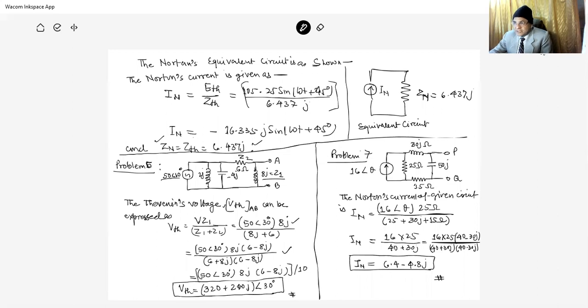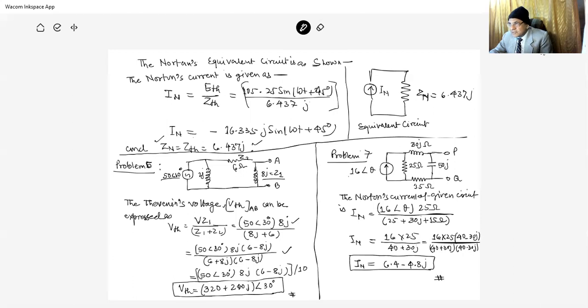We can eliminate this part also if you don't feel like this. Now the circuit is simpler, and it is 6 ohm.